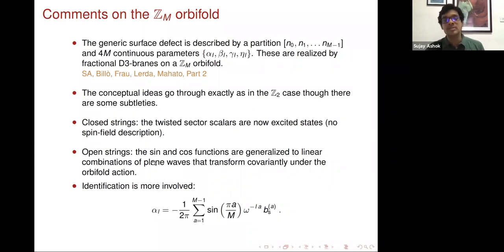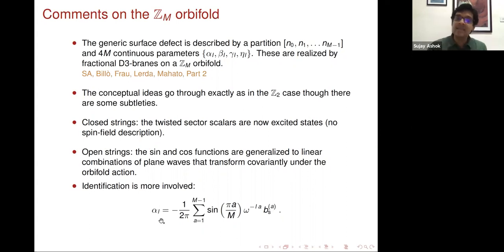And secondly, the open string excitation vertex operators are much more complicated. It's not sine and cosine, but some more complicated combinations of plane waves that I showed earlier. And the identification is not exactly alpha equals B, but alpha is this sort of complicated trigonometric combination of the values. So B_S here is the background value for the singlet field again in the s-th twisted sector.